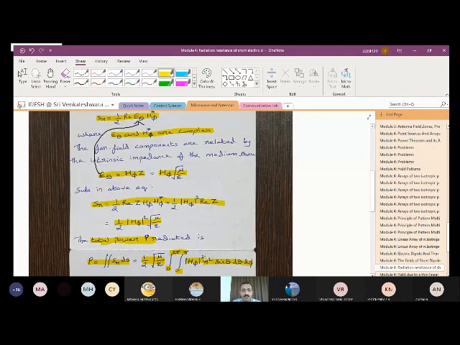When you substitute for dS and S_r, you get the integral from 0 to 2 pi, 0 to pi, of H phi square r square sine theta d theta d phi. Now you have to do the integration for this in order to find the total power radiated.